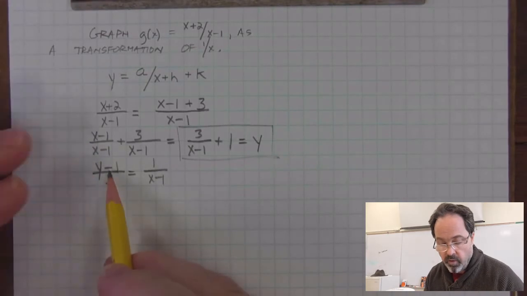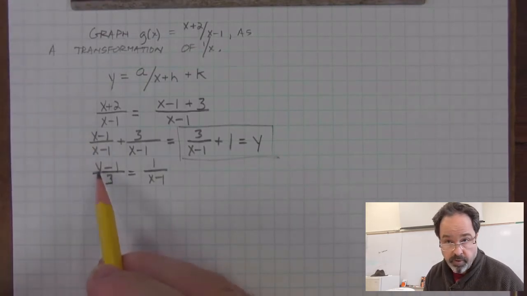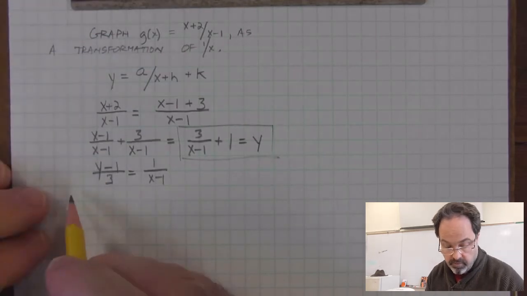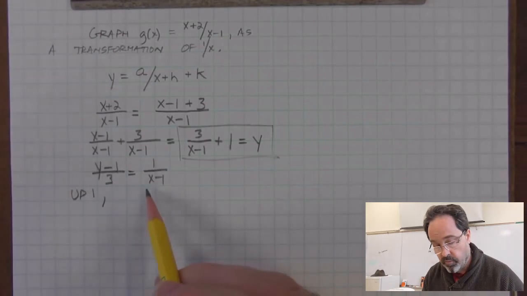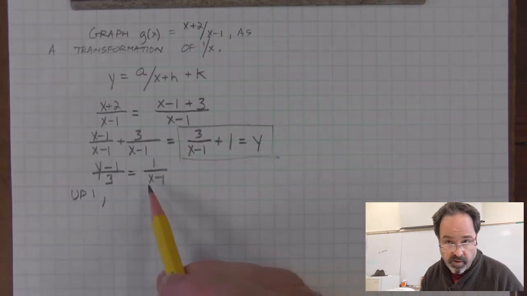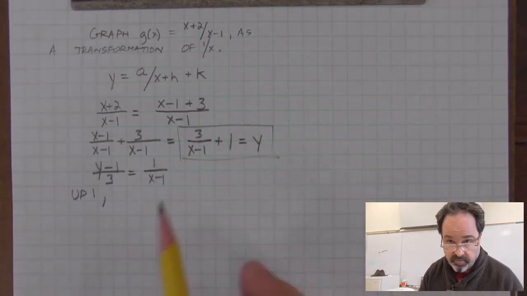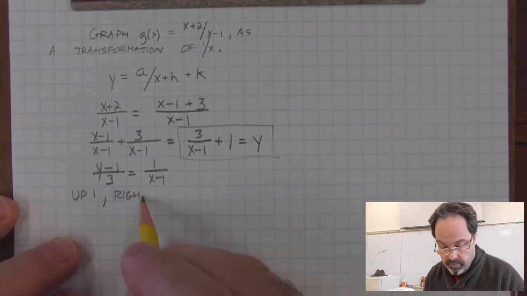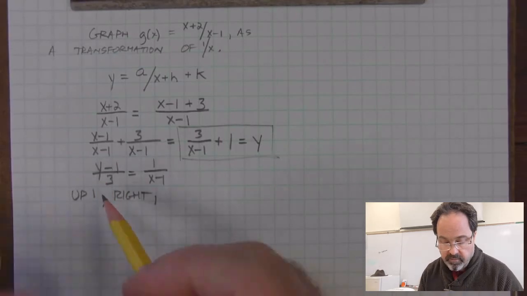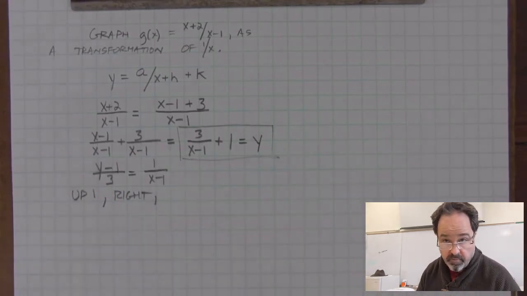What does taking 1 away from the vertical variable do? We think going down, but it's counterintuitive. We're going to go up by 1. What does taking 1 away from the horizontal variable do? It's subtraction, so we think to the left, but it's counterintuitive. We're going to go right by 1. What does dividing the vertical variable do? It's a dilation.